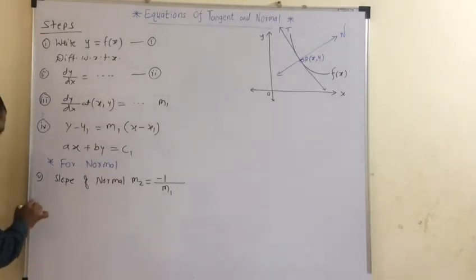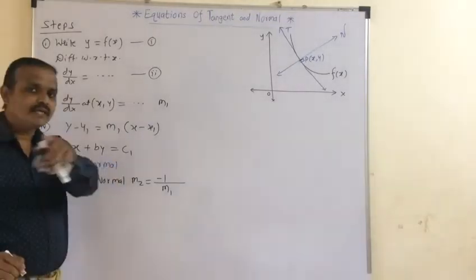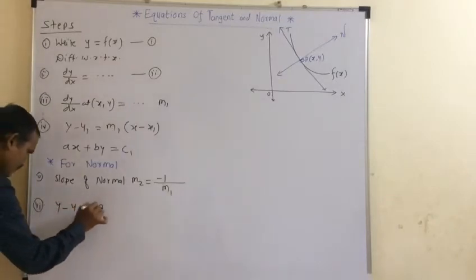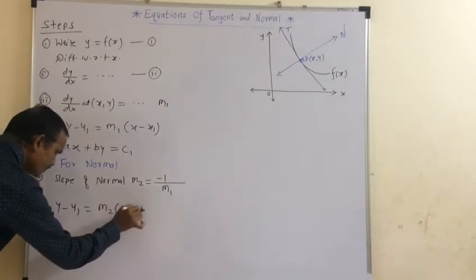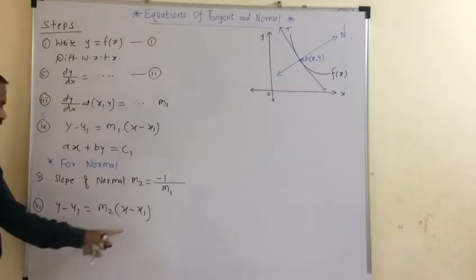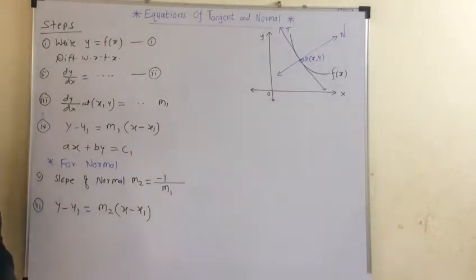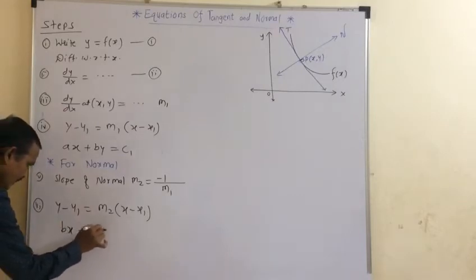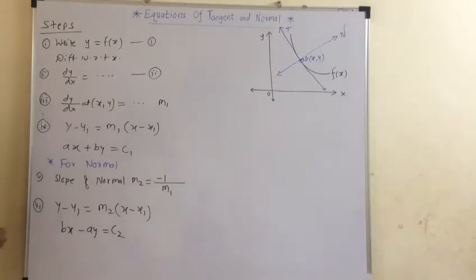And finally we write the equation of normal also in slope point form. y minus y1 is equal to m2 into bracket x minus x1. Now simplifying this equation by putting the values of point x1, y1 and also the slope, we get equation of normal as bx minus ay is equal to c2.